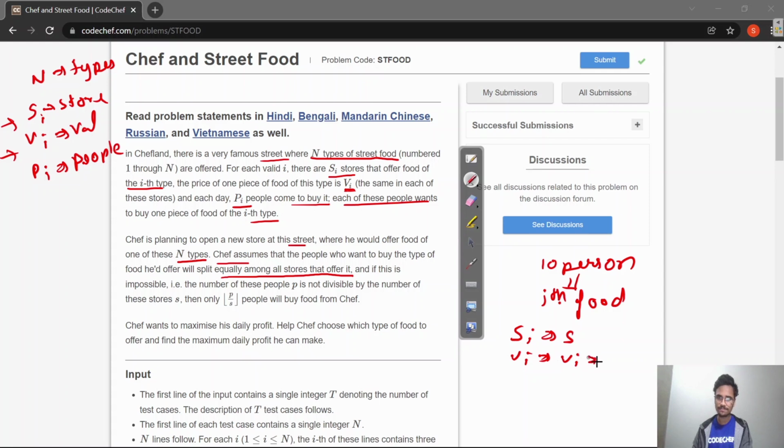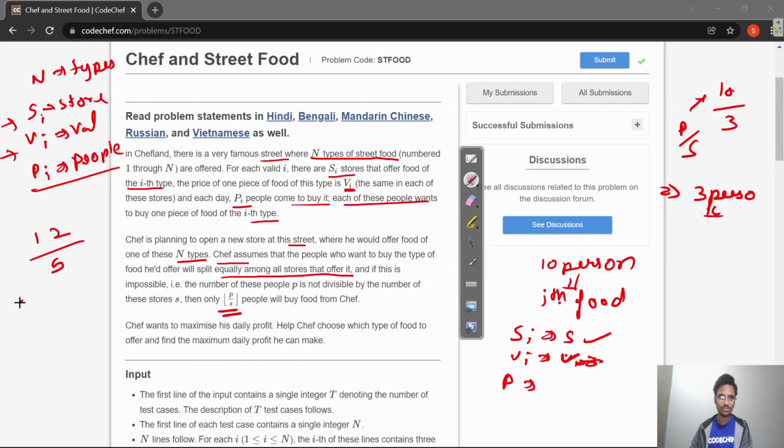If P people come for that ith food and there are S stores, we simply divide by S. So if persons are 10 and stores are 3, that means 3 persons per store. Here it is P by S, a floor value. If we have 12 persons and 5 stores, the answer is 2.4, but we will take 2, meaning 2 persons per store.